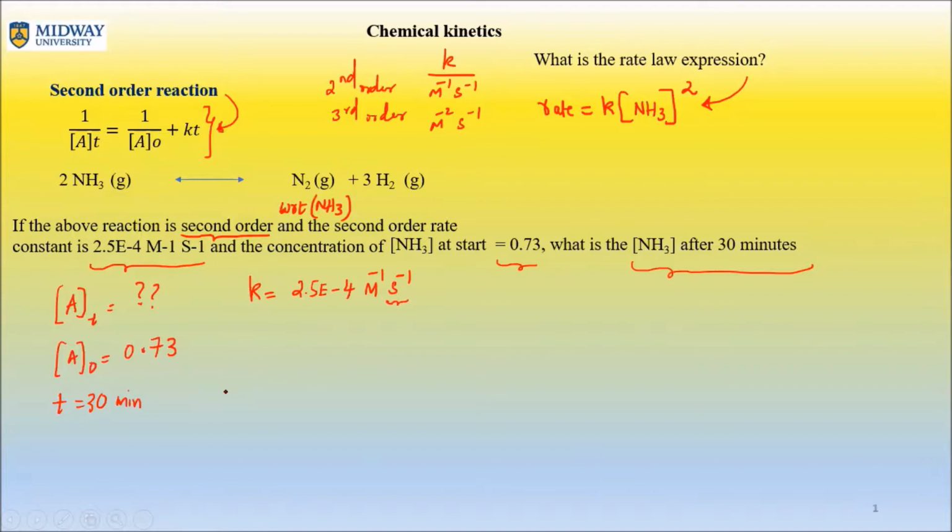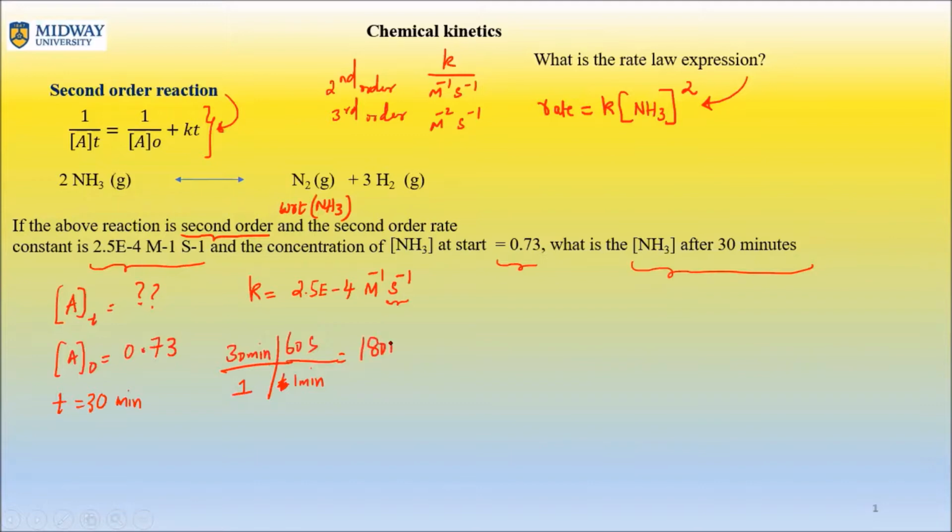I always convert my t. So it's 30 minutes over 1, and 60 seconds is in a minute. So sorry if all this sounds very trivial, like minutes to seconds stuff. So 30 times 60 is 1800 seconds, right?